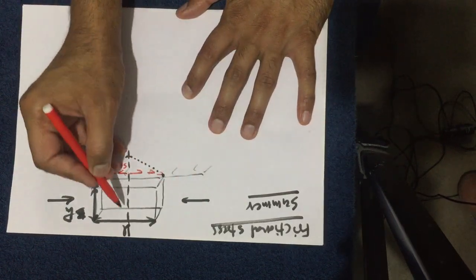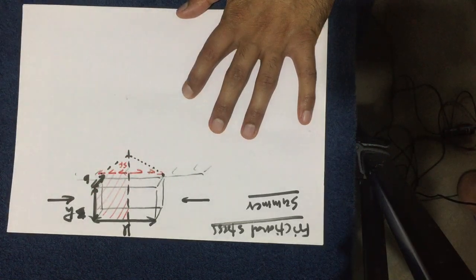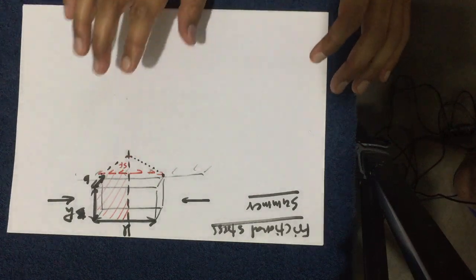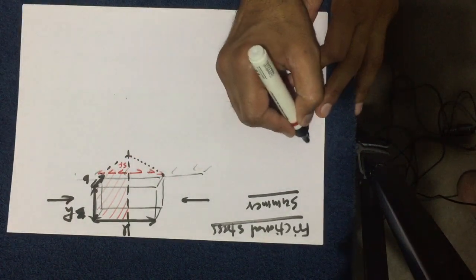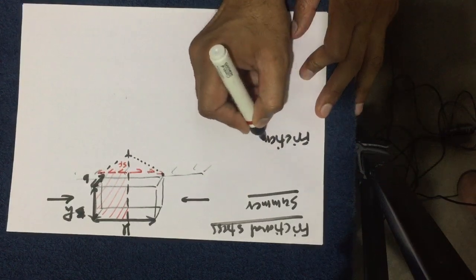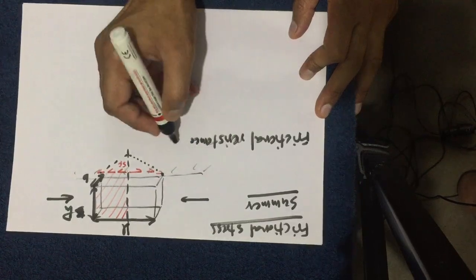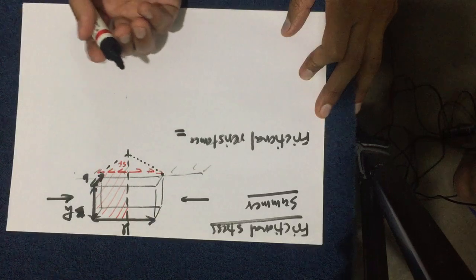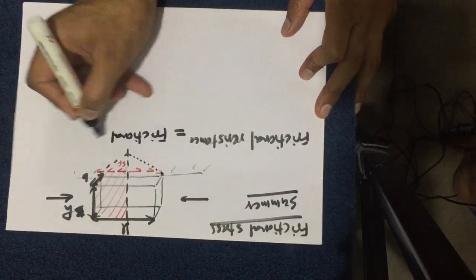So what is here in the analysis is the frictional resistance, means when the slab is going to contract, a resistance is being offered by the subgrade soil. So the frictional resistance and frictional force you have to equate.